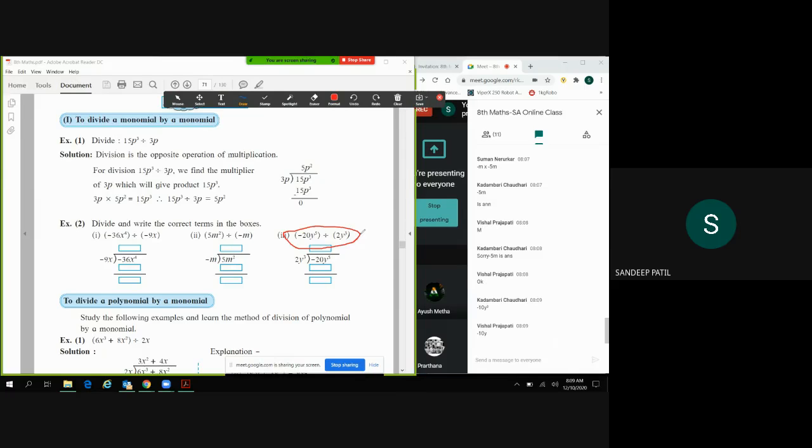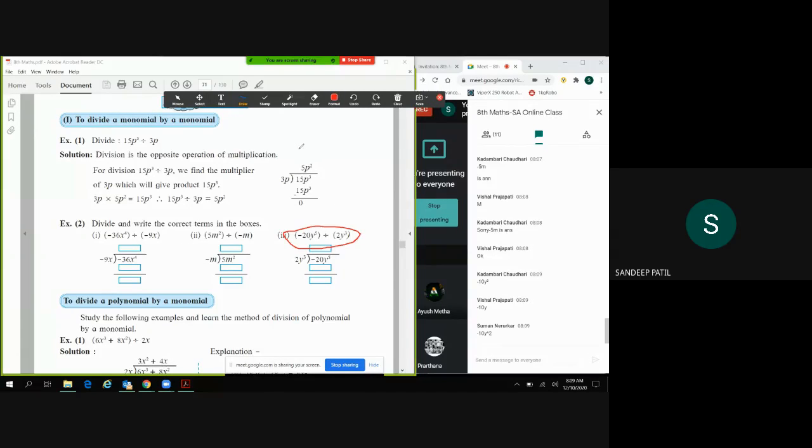Constant is minus 20 divided by 2, and then y raised to 5 divided by y raised to 3. Okay. Yeah, that's the correct answer.